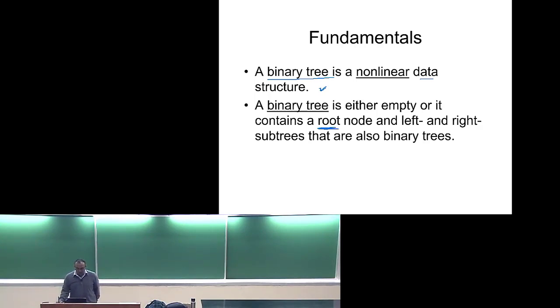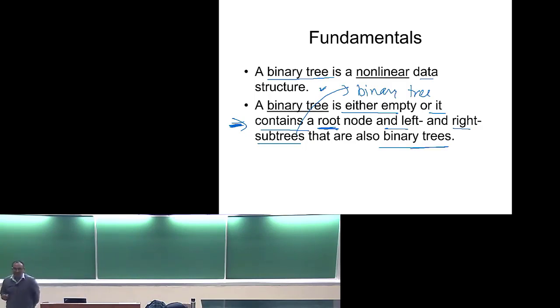And when you have a root node, from that root node we can think of left and right children of the root node, and the left and right children are also trees, subtrees or binary trees. Let me read it, because I did add my own definition to it. A binary tree is either empty, or it contains a root node and its left and right subtrees, and these subtrees are also binary trees.